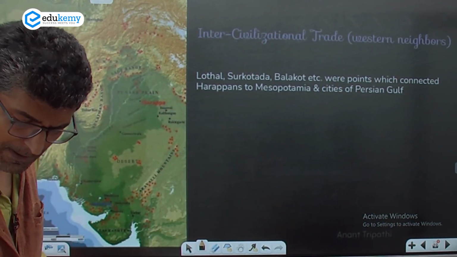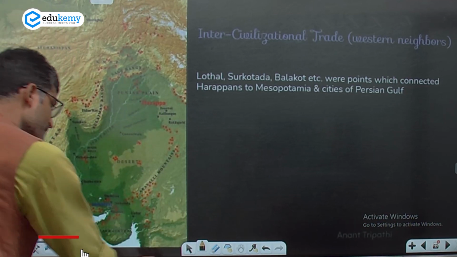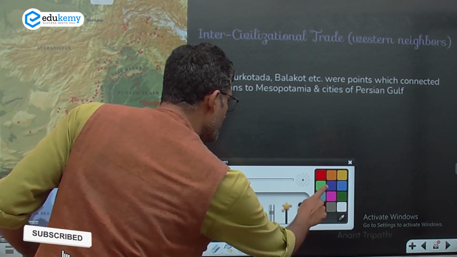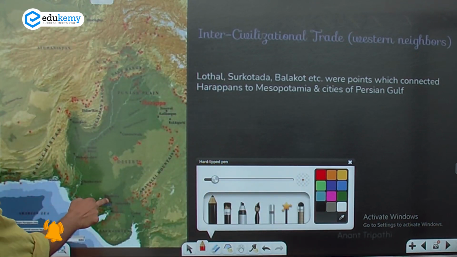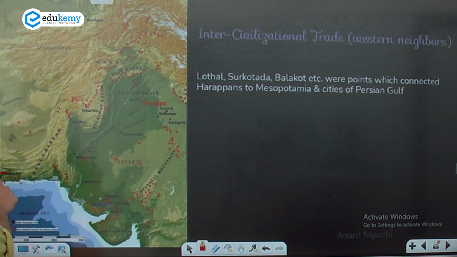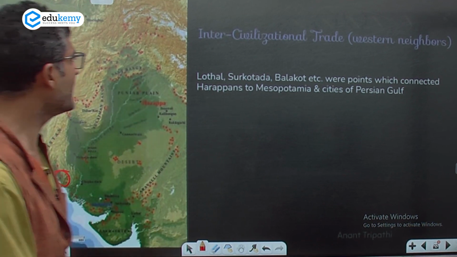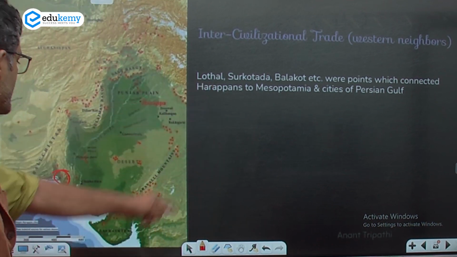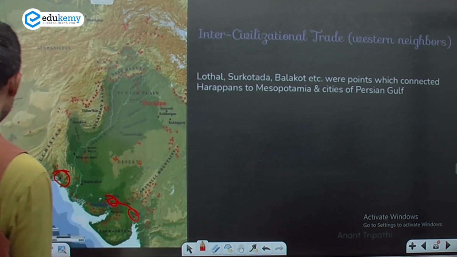It might not be very clear in the map to you guys, but I'll point it out. So, Lothal is somewhere here in Gujarat. Then we have Sutkagen Dor, Balakot is here. Surkotada is also here in Gujarat.